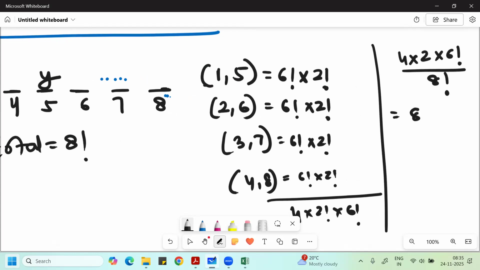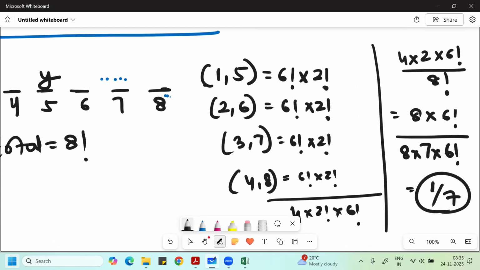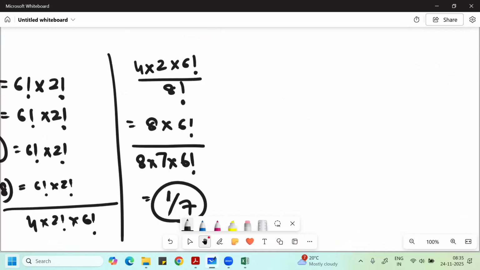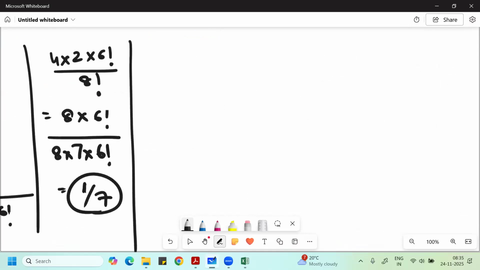So this is 8 into 6 factorial by 8 into 7 into 6 factorial. 6 factorial and 6 factorial get cancelled, 8 and 8 get cancelled. So the probability of this would be 1 by 7. Okay, 17 answer is option C. Question number 18, it is like this.